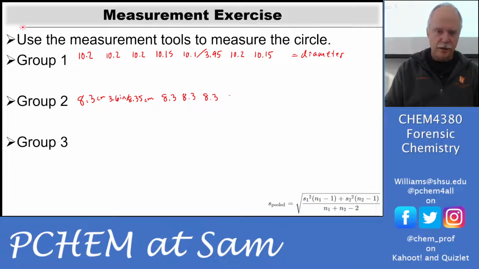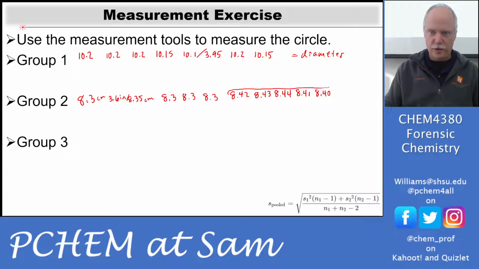Interesting. Then we have a bunch: 8.42, 8.43, 8.44, 8.41, 8.40. This was a whole group, so they measured it 5 times.